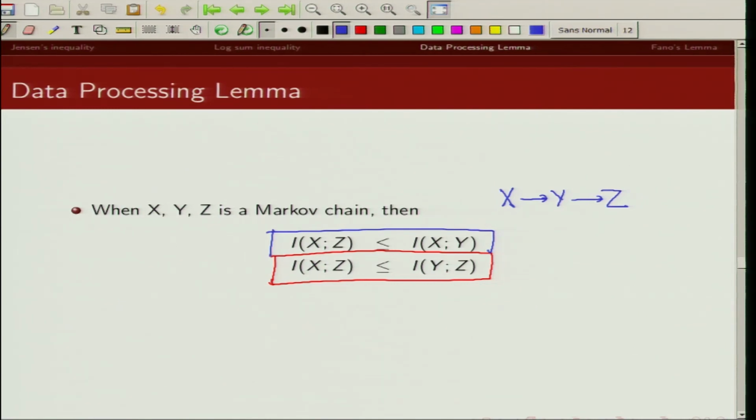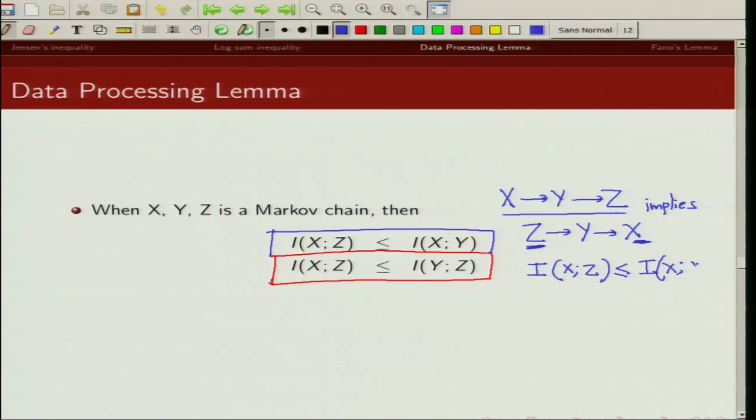Now, if you see closely, if I can show that if x, y and z form a Markov chain, then it also follows that z, y and x form a Markov chain, then I can use the previous derivation to show that mutual information between x and z will be less than or equal to mutual information between x and y.